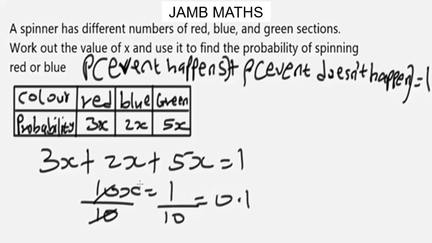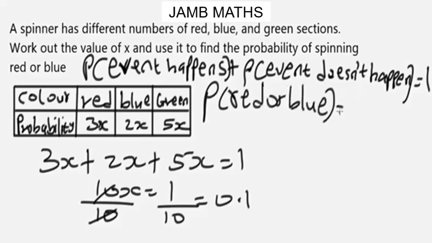Now that we have the value of x, the probability of spinning red or blue is the same as not spinning green. So the probability of spinning red or blue will be 1 minus the probability of spinning green.